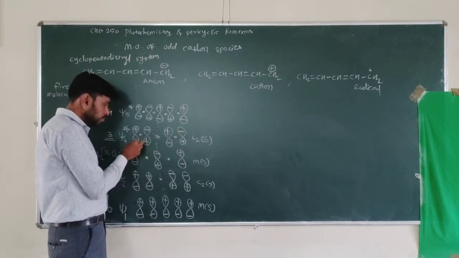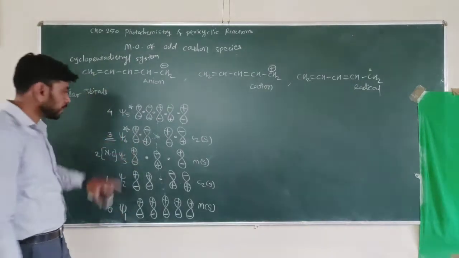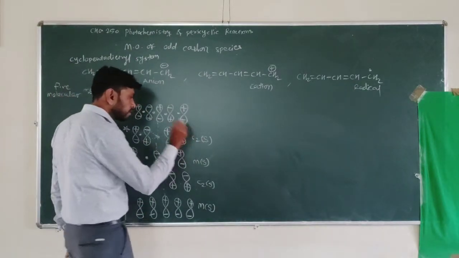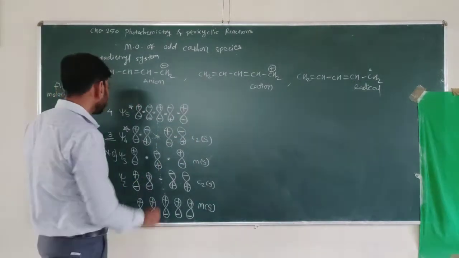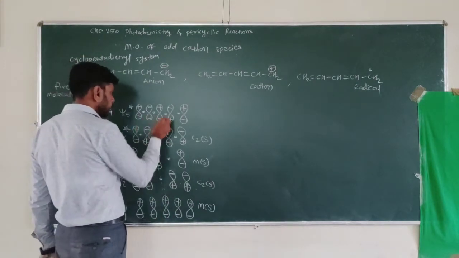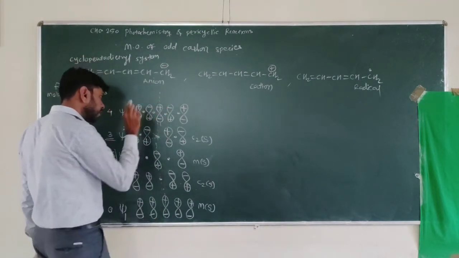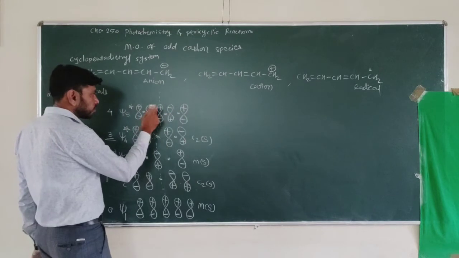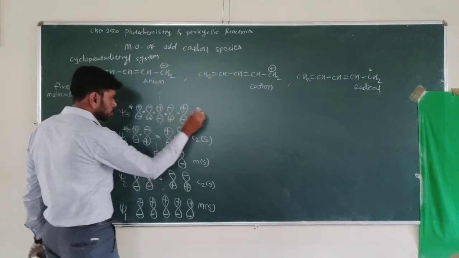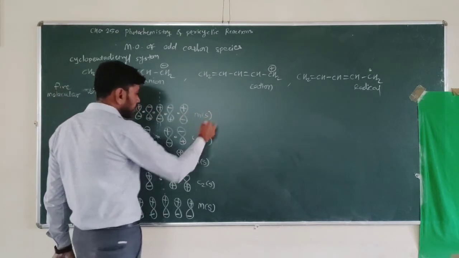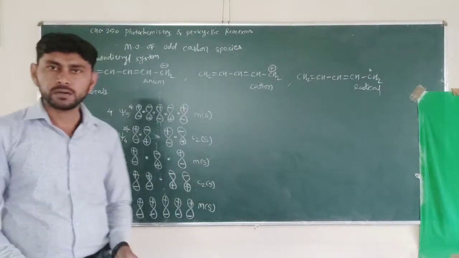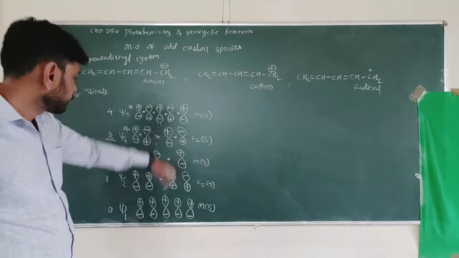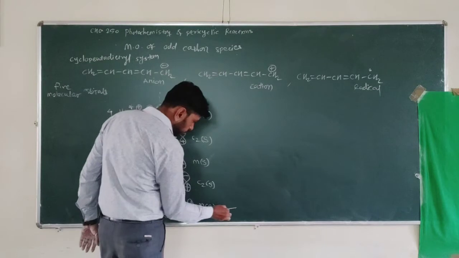Passing the same distance in the opposite direction, you find a negative charge. When such a condition occurs, then it is a C2 symmetric molecular orbital. Now in this case, when you pass the plane from the center, it is observed that negative coincides on negative, positive on positive, so it is an M symmetric orbital. So these are the symmetry notations for the symmetry distribution.